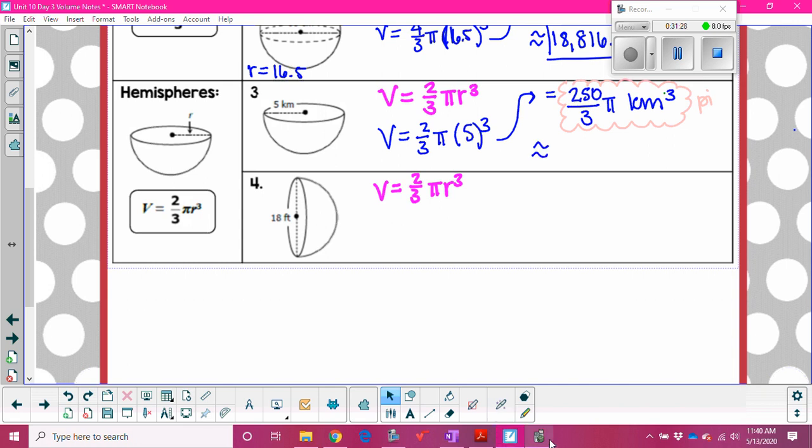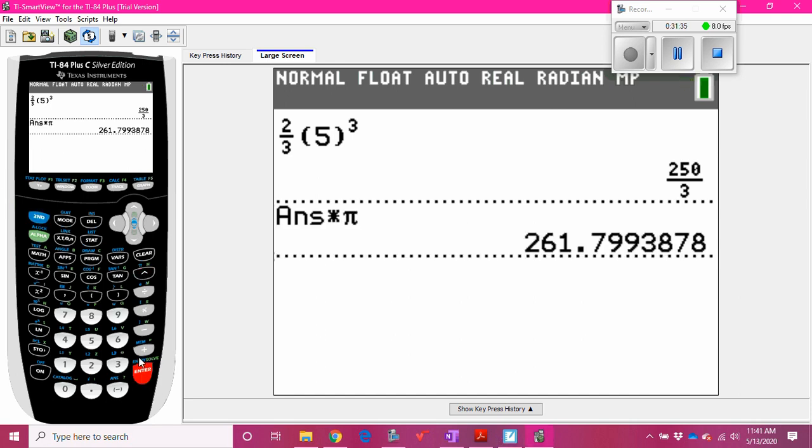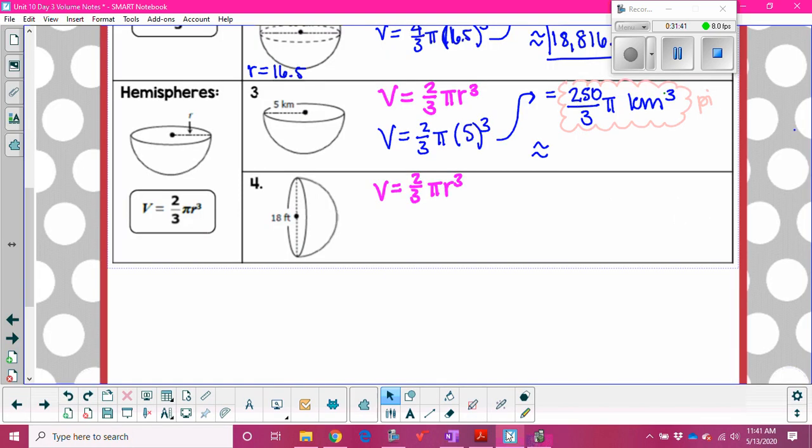So over here, all you have to do is times pi. So it's 261.80. Okay, so let's come over here. It is 261.80 cubic kilometers.